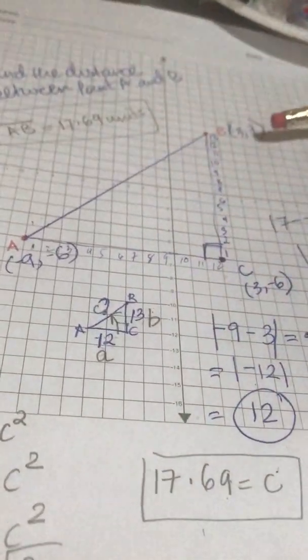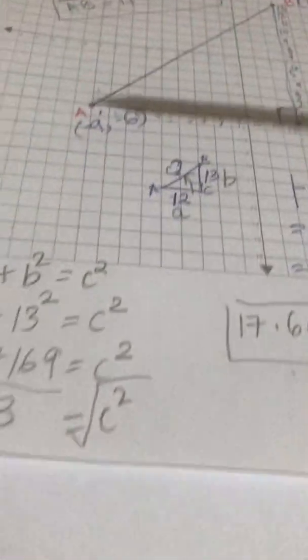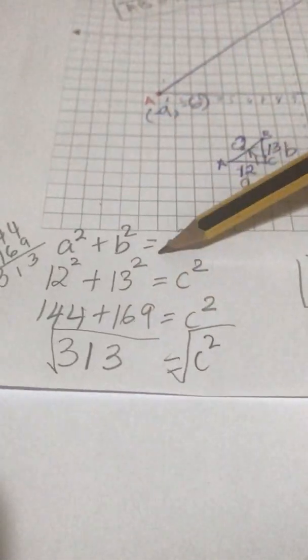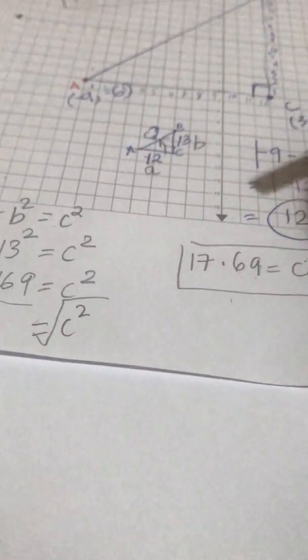Okay? Now, let us do the same question a different way. Here we have used the Pythagoras theorem. Now we're going to use the same question using the distance formula. So we know that A is (-9, -6).